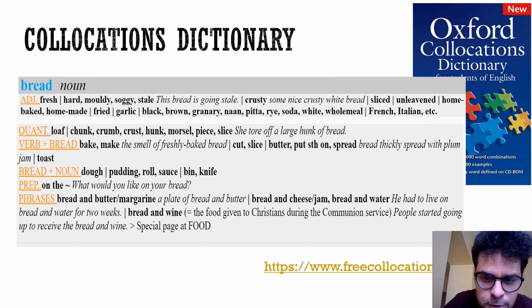So we know that these words create a network around bread. Also, there are some verbs that collocate with bread, such as to bake or to make, to slice, to cut bread, to spread something on bread. So these are all collocates, and the node word would be bread in this context, of course.